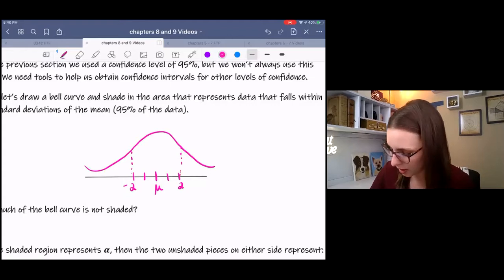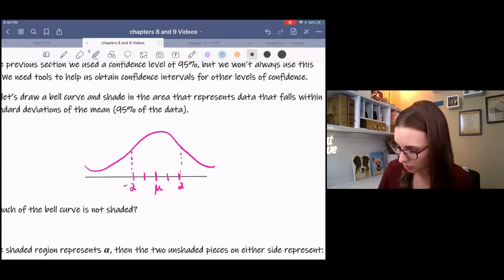So this data in here represents 95% of the data.